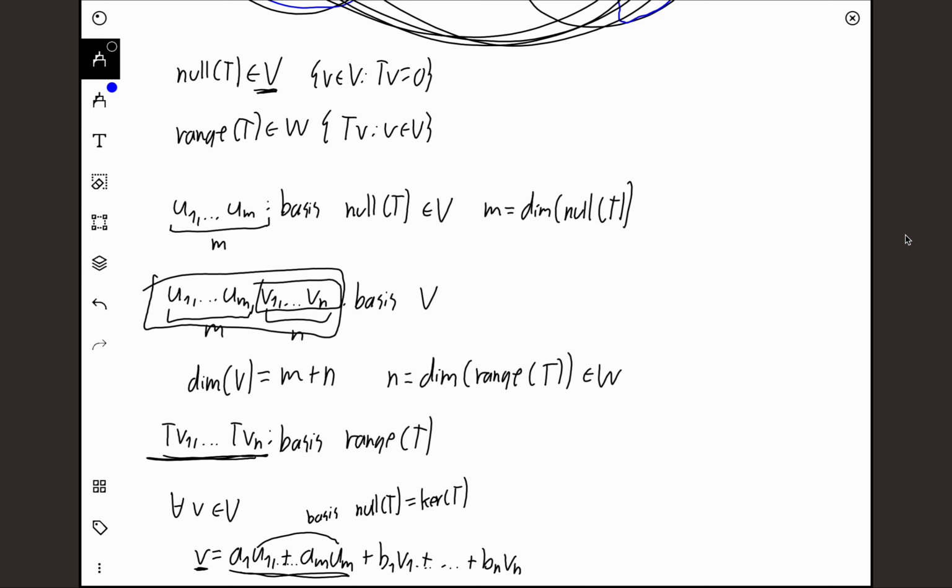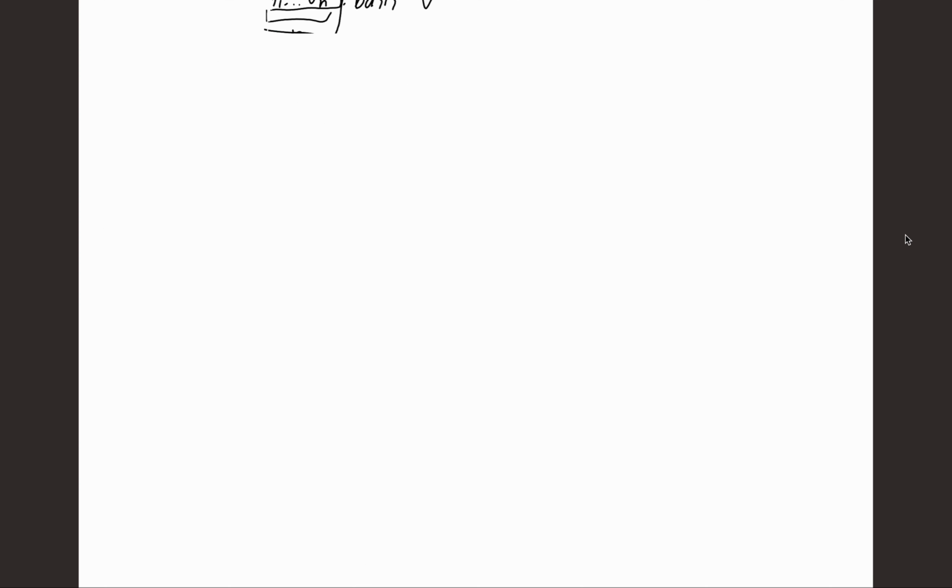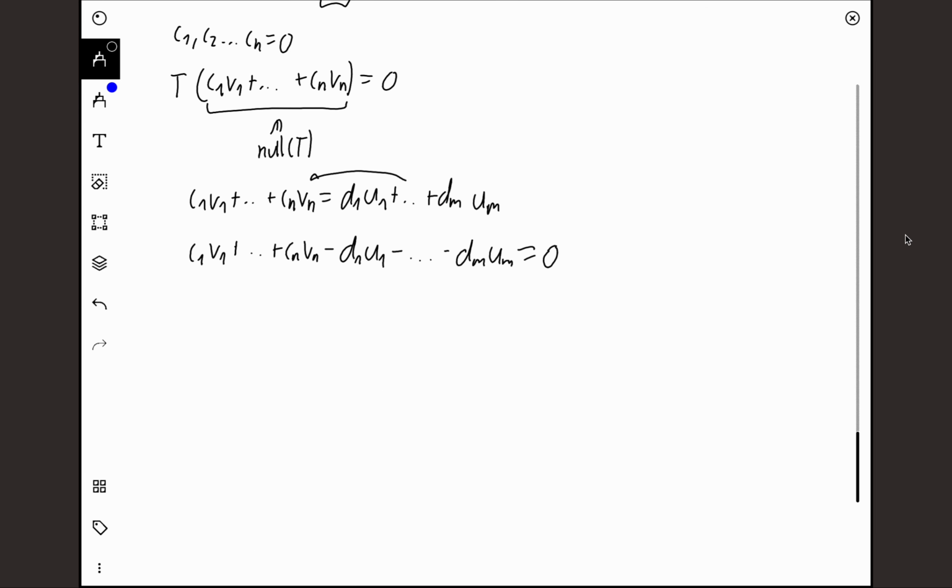So the combination of all the vectors u1 to um, v1 to vn is linearly independent because they make a basis for V. And the only way that a linear combination of basis vectors equals 0 is if all the coefficients c1 through cn and d1 through dm equal 0. That's the only way this is possible, because they are linearly independent.